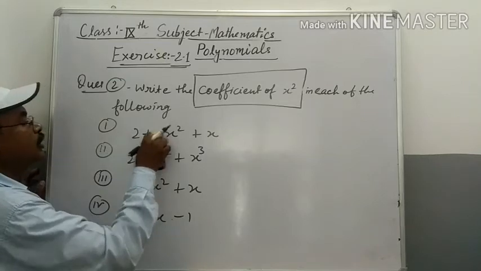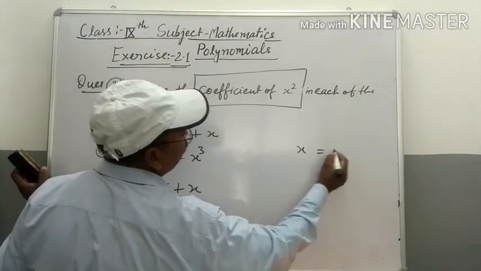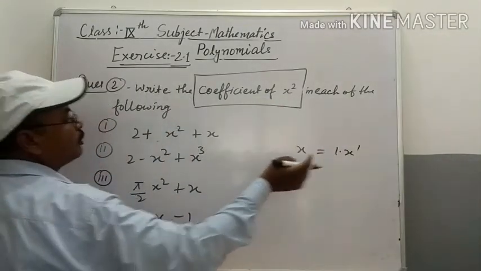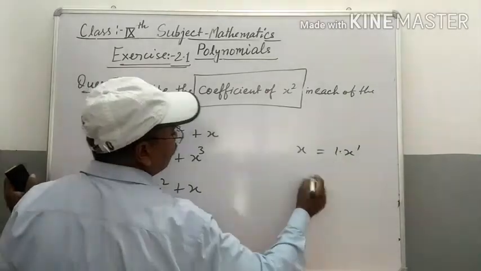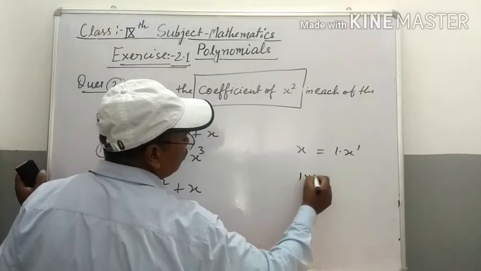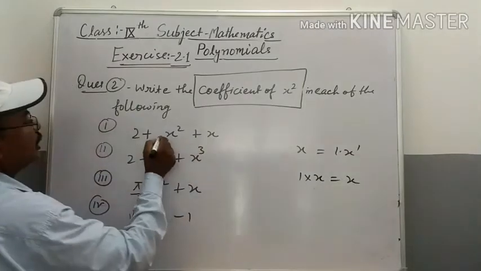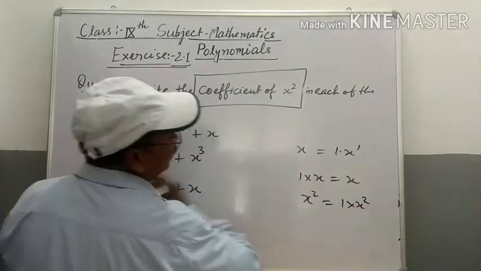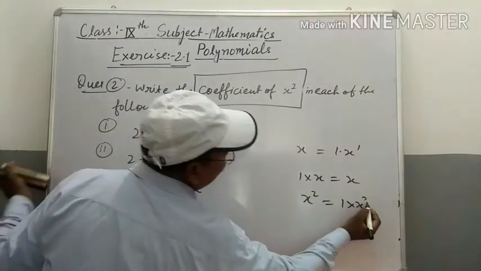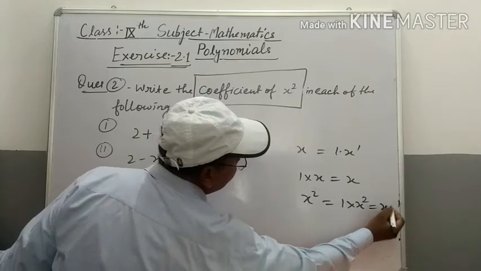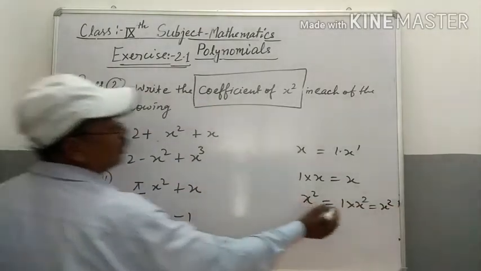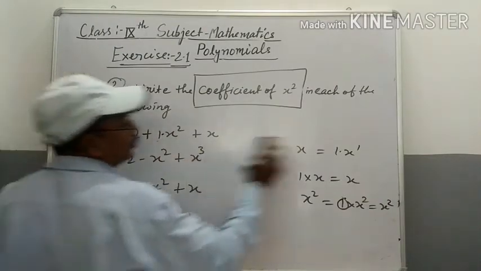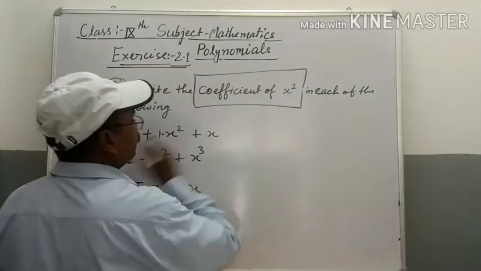So x square means 1x square. जैसे आप x means लिखते हैं, x means 1x, with exponent, it means power 1 and coefficient 1. Students, 1x means 1 into x, that is x. So here the coefficient of x square means 1 into x square, and 1 is the identity, 1 से multiply करेंगे तो वही मिलेगा आपको. So, students, 1 into x square is x square. It means in x square, 1 is hidden. Here the coefficient of x square is 1.